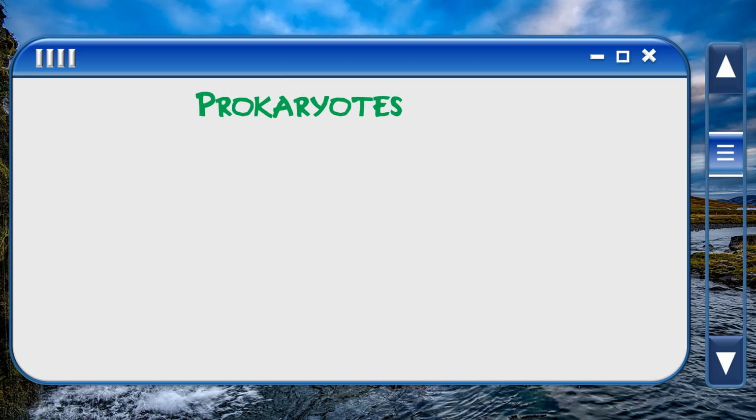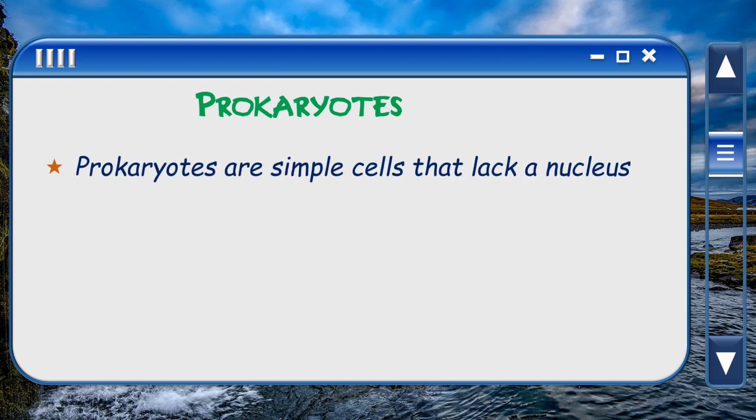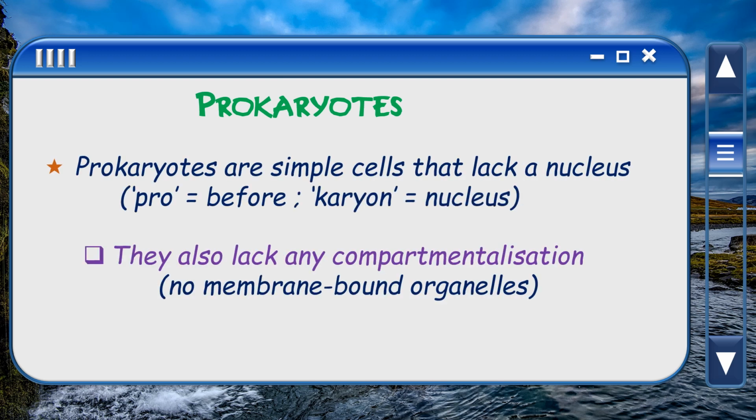Let's look at the prokaryotes. The prokaryotes are simple cells that lack a nucleus. The word pro means before, and karyon means a nucleus. So when we say prokaryotes, those ones came before a nucleus.